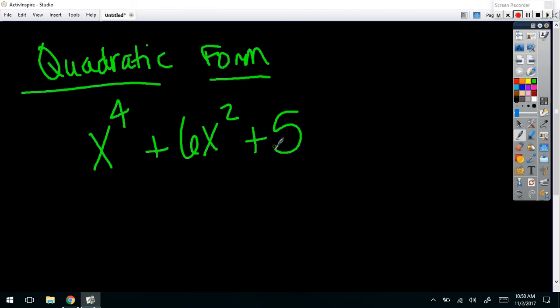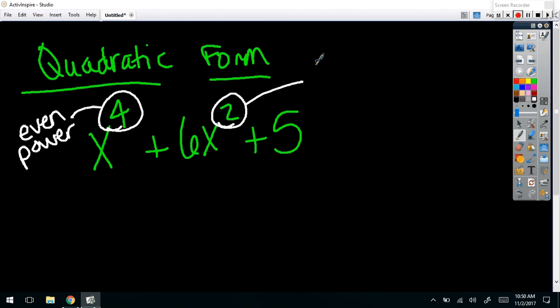Quadratic form still has 3 pieces to it, okay? But if you notice, we only put it in the box whenever it was a quadratic. It had a power of 2, right? And power 4. Quadratic form starts with an even power here, and this power is half of the first one.